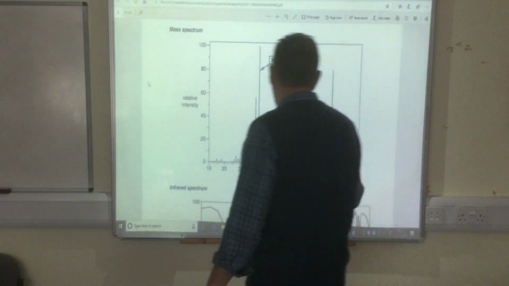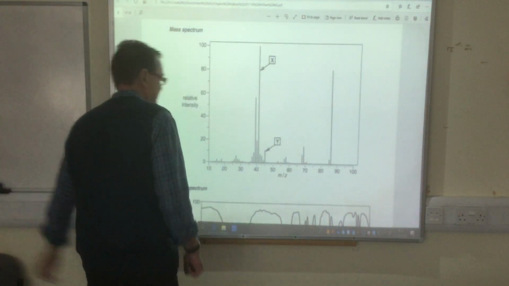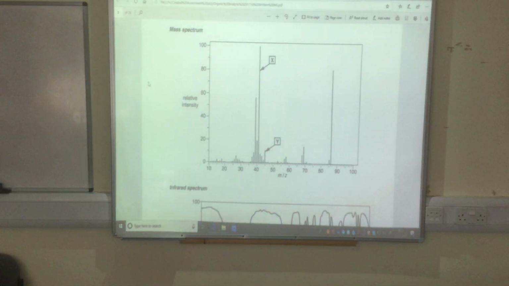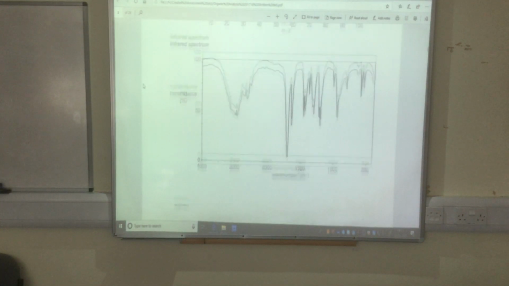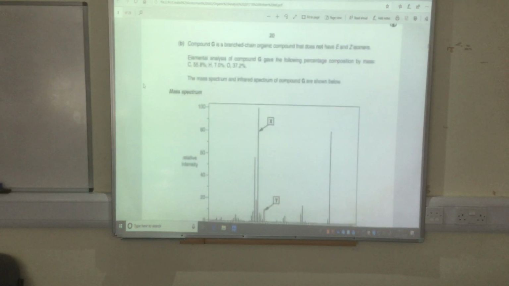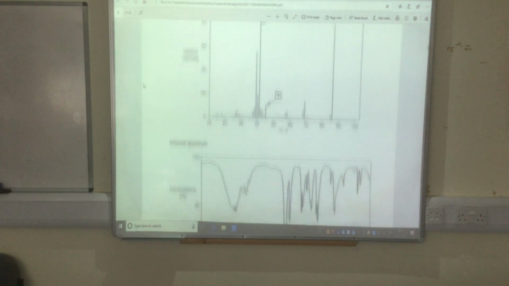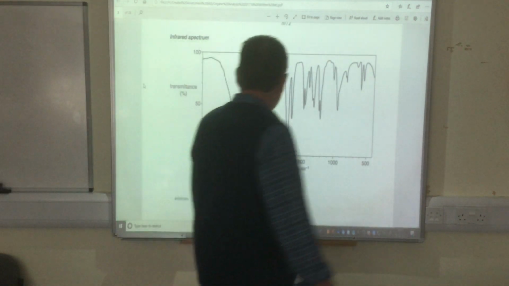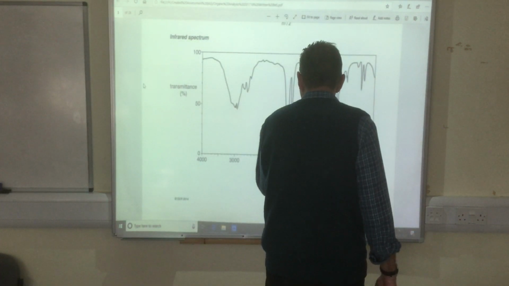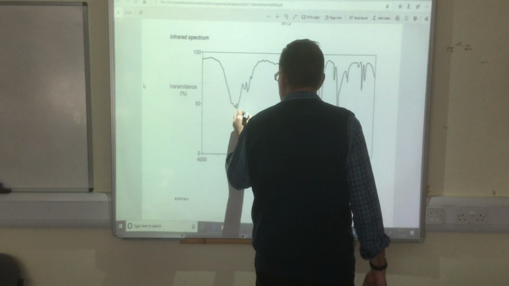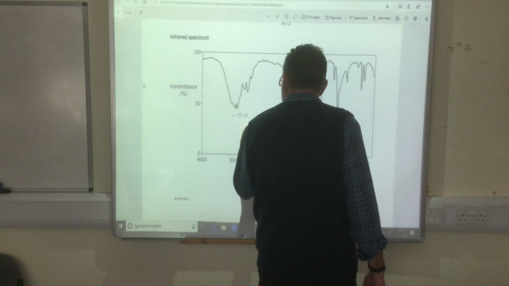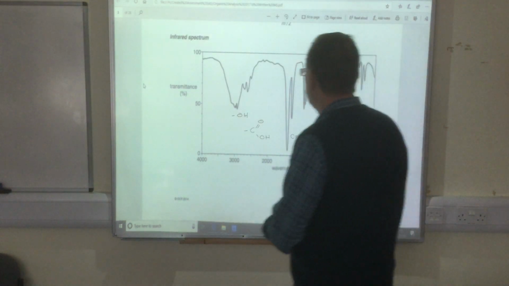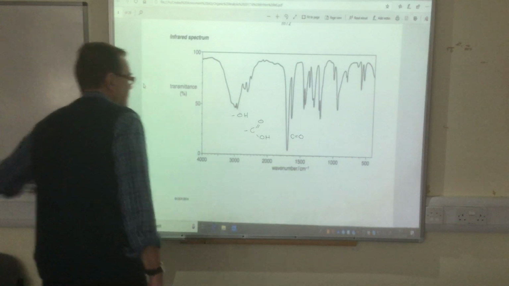That's going to give me the molar mass. Let's see what the spectral analysis tells me. G, branched chain. G appears to have, without a doubt, a C double bond O and an OH. So, probably, guessing here, carboxylic acid.